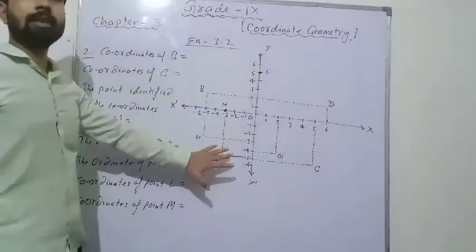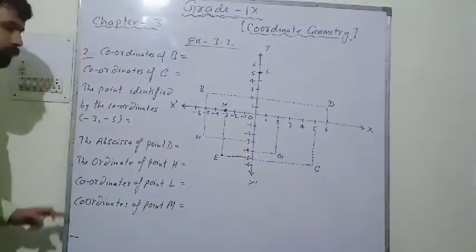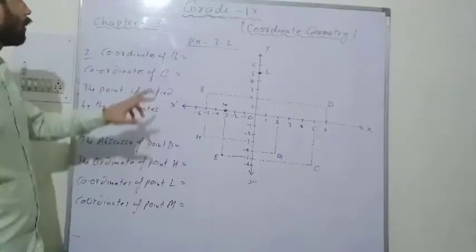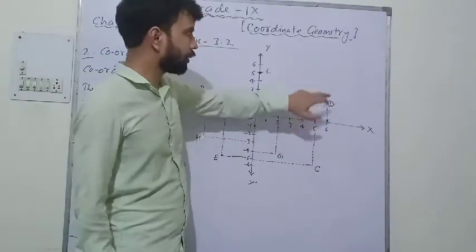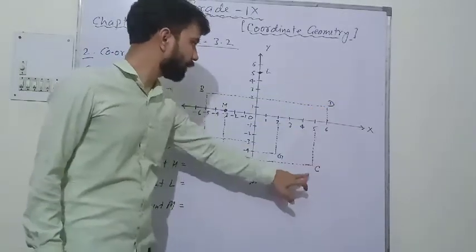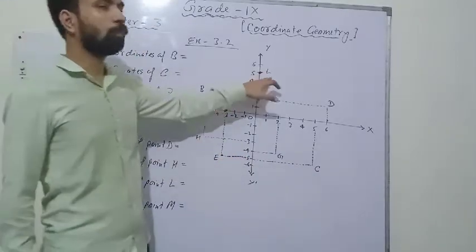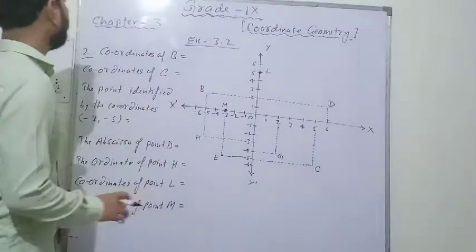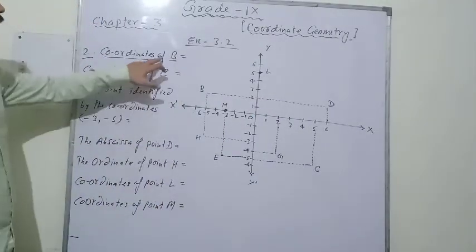This Cartesian plane is given in your book and you have to give the answer of some parts here. So here some points are located on this Cartesian plane. Point D, point C, point G, point E, point H, point B, point M and point L. Question is saying find the coordinates of point B. What is the coordinates of B?